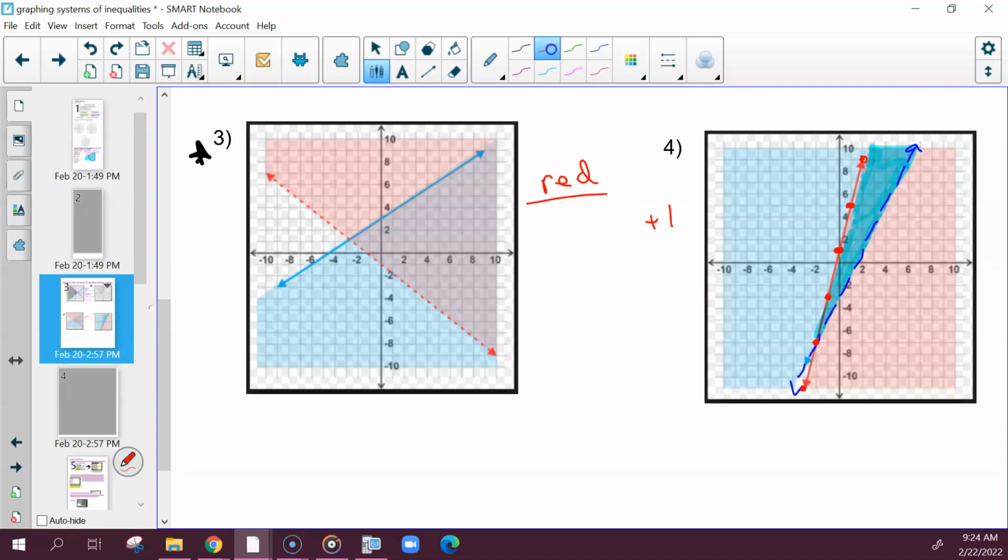So it definitely is 4. From your y-intercept, where the overlap is, that would be down. So this would be what symbol? Less than or equal to?